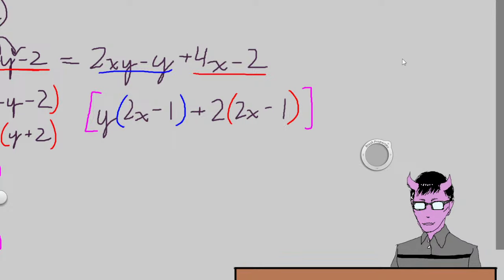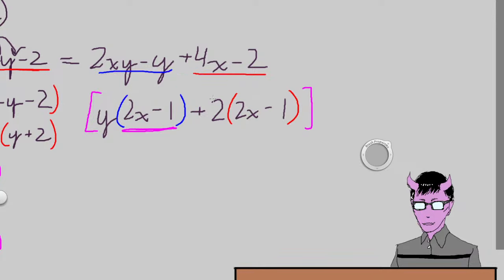And again, now you've got to take a step back. This is term number 1. It just looks funky. And this is term number 2. Both of those terms have the 2x minus 1 there and there. So we can factor out this 2x minus 1 from both of these and bring it to the outside.